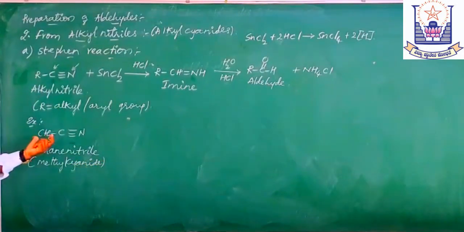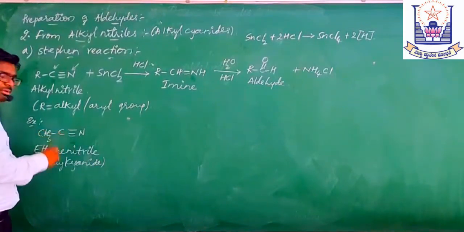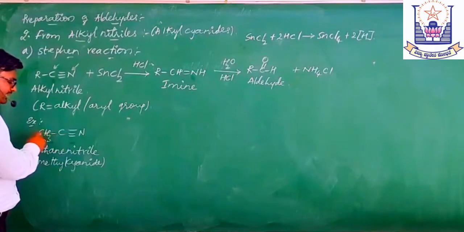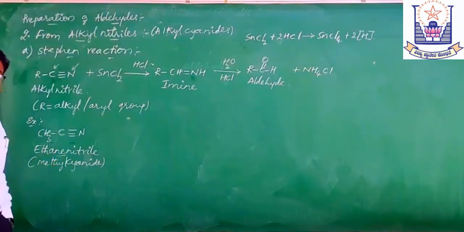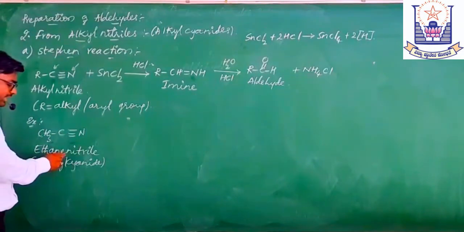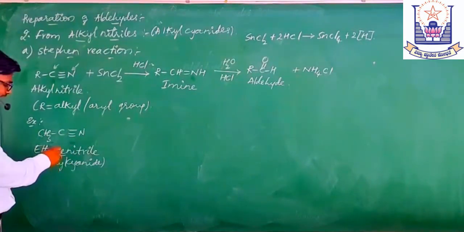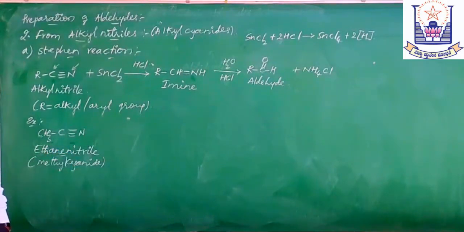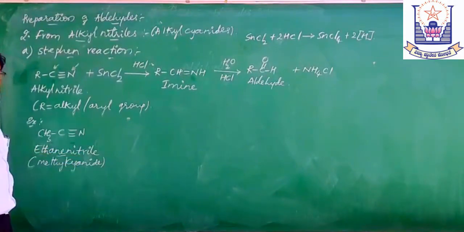In the IUPAC system, we count every carbon atom: 1, 2, ethane. Here ethane is written as it is. The E is not replaced with nitrile because N should not come successively, one after the other. That is why we write ethane nitrile.